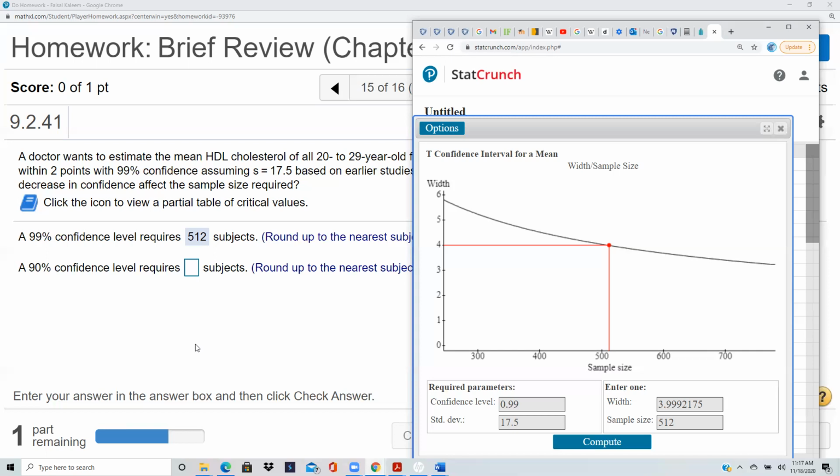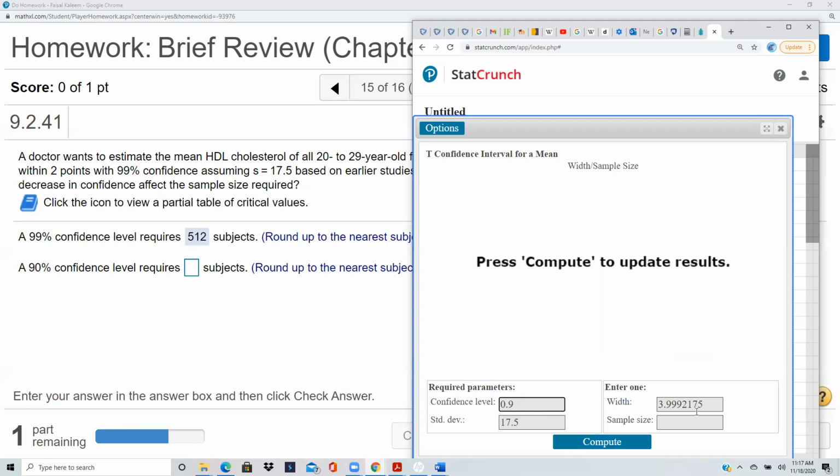Yeah, I got a crazy number, a big number. Now you get a more reasonable one. I knew that couldn't be right. So now we'll just change the confidence level and we'll change the width back. Good.